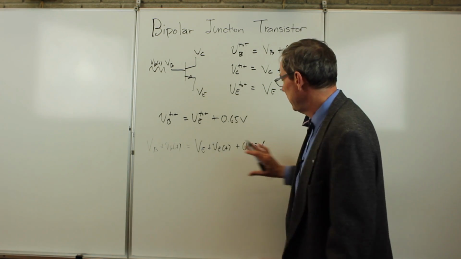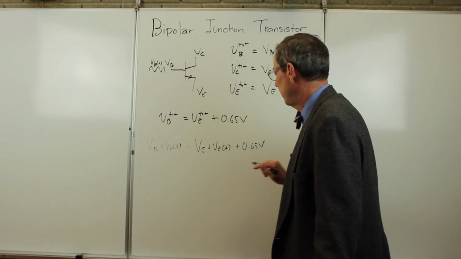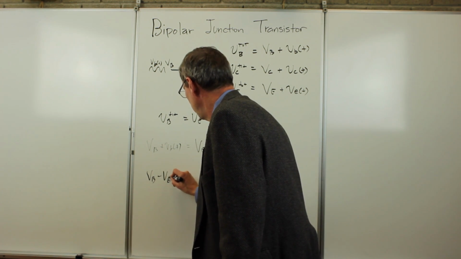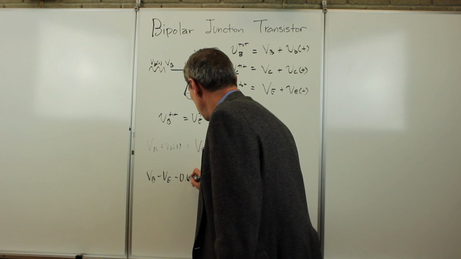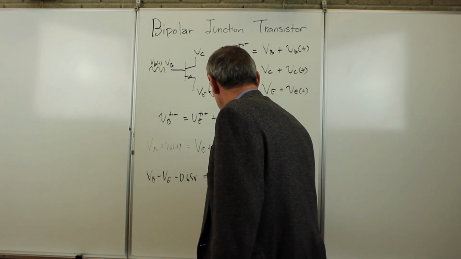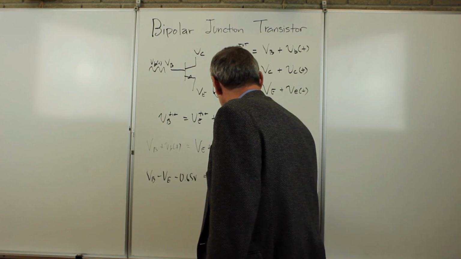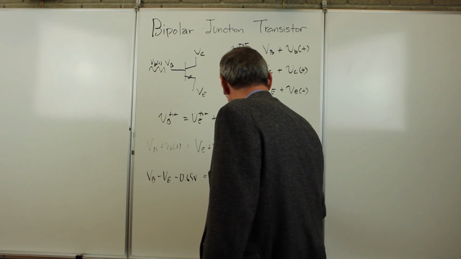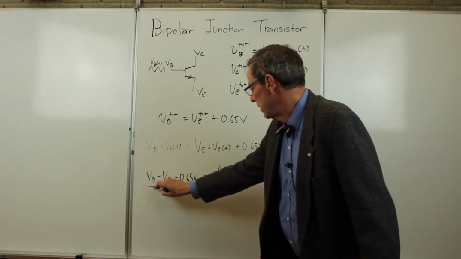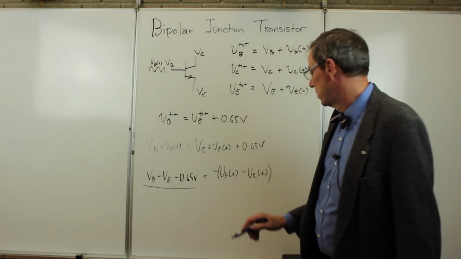I'm going to now take the DC levels on one side and the AC on the other. So VB minus VE minus 0.65 volts has to be negative VB of T minus VE of T. This is just the diode condition, which we know is true.